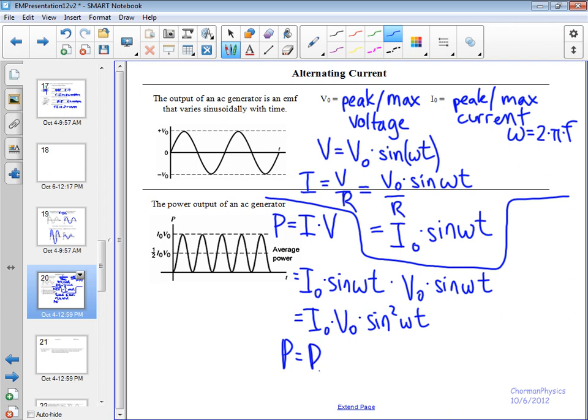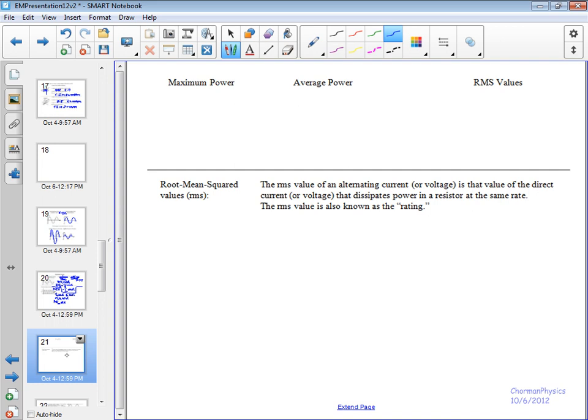So what we see is that the power is just equal to the max power, P max or P naught, whatever you want to call it, times sine squared omega t. So what this means is that there are no negative values for the power output. We see that the average power is just going to be half the maximum power.